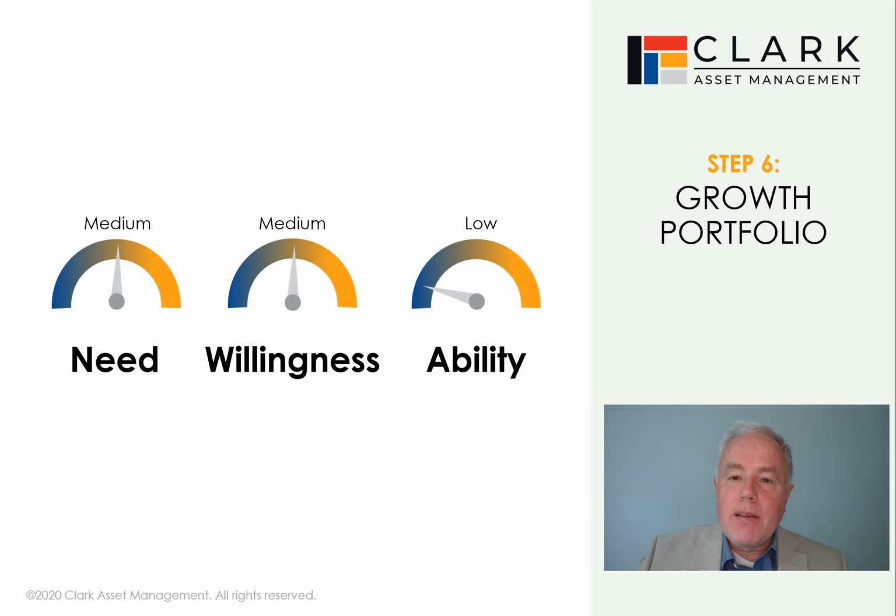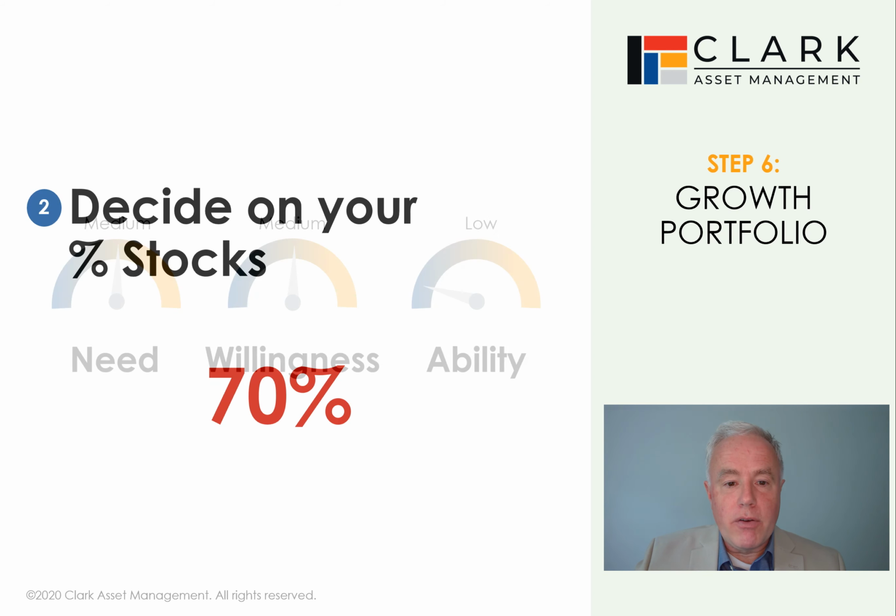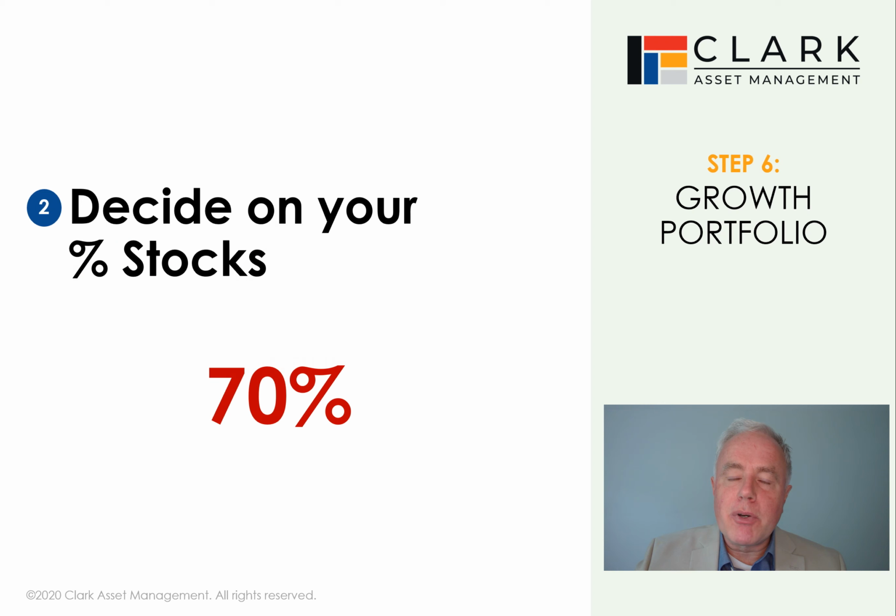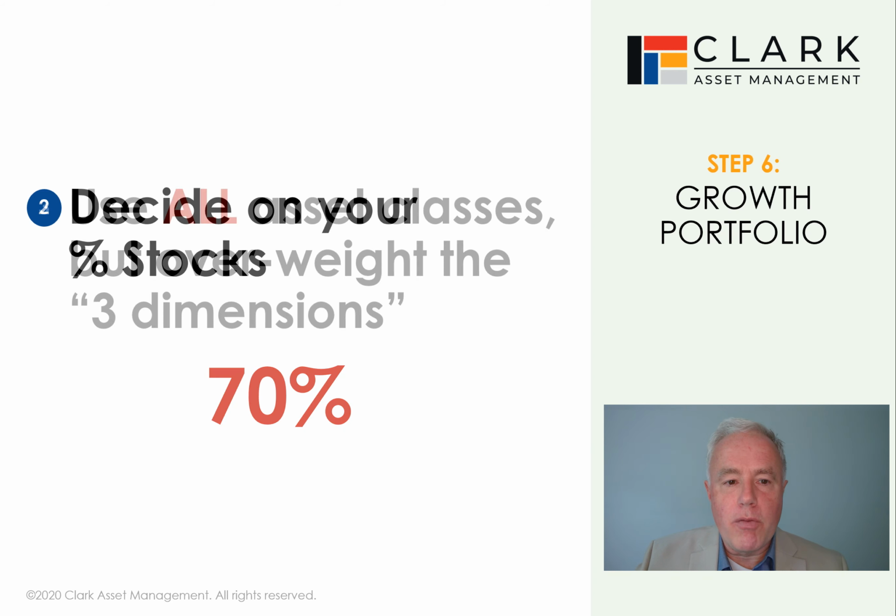Remember, in this model, you already have taken care of your income floor, so you can actually bear a fair amount of risk in your growth portfolio. Let's say you conclude that you're going to have 70% stocks in your growth portfolio. Remember, your overall percentage in stocks could be far less than this because you may also have an annuity and a bond ladder and so on. So let's say you decide on 70 for your growth portfolio.